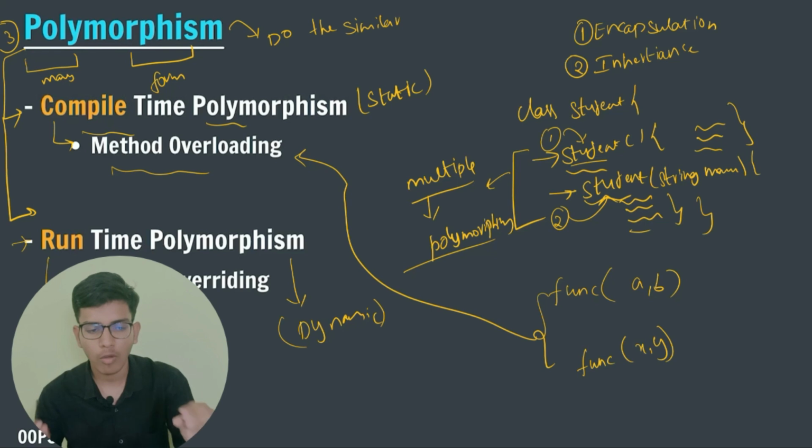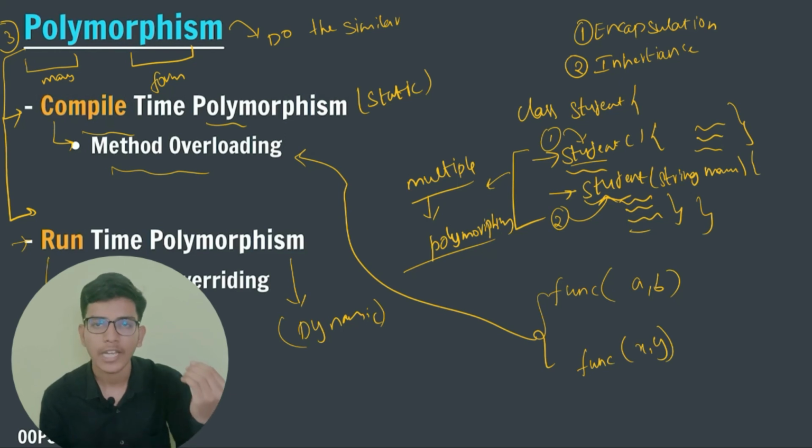So first of all, what is the definition of polymorphism? The definition of polymorphism is that the method or function's name is same, but the work going on inside the function or method is different. We can break our word into poly and morphism.